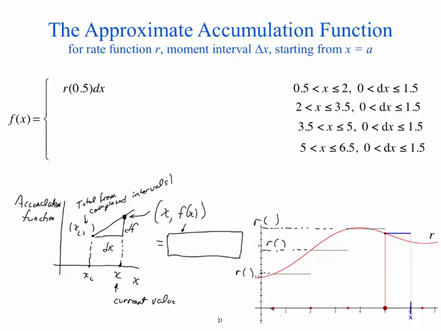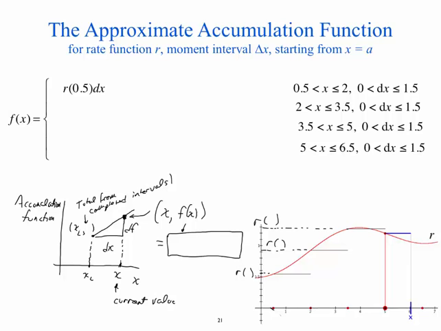No. So the only accumulation we have in this first interval is the current rate of change times whatever change in x we have. dy equals m dx. Right? The change in our dependent quantity is the rate, which is r of 0.5, the rate taken at the left side, times dx. Okay, so now we get to the second interval, and we start with some amount of accumulation.